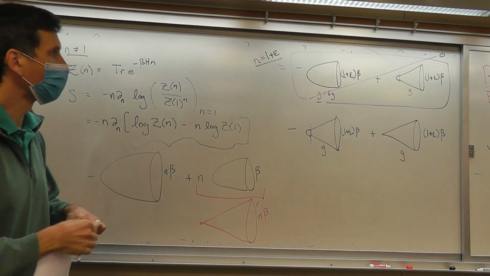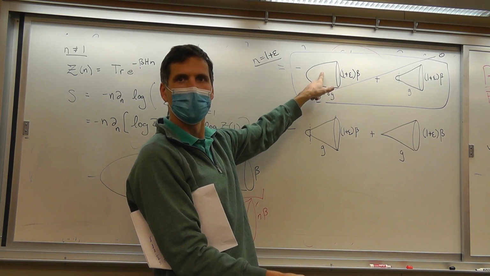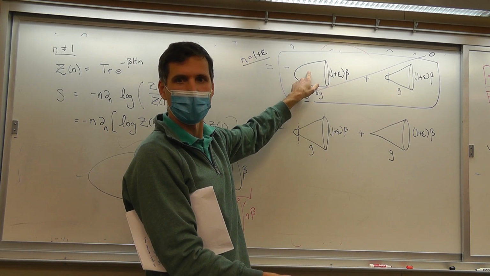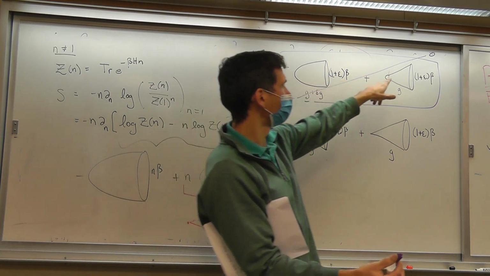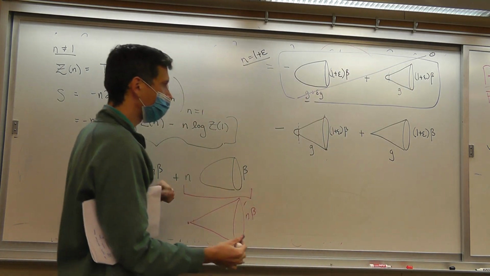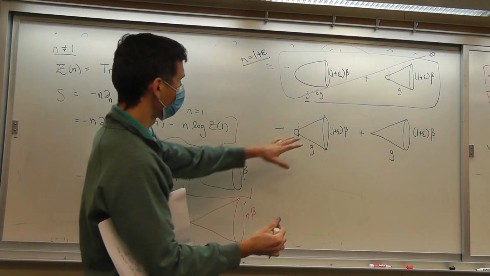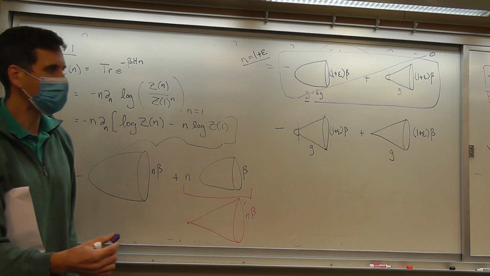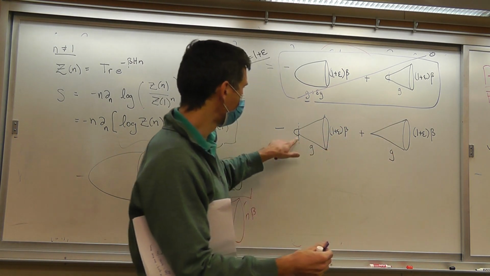The reason for that is that this one was a solution of the equations of motion, and the action is stationary at a solution of the equation of motion, including for off-shell variations, of course. Okay, so this does nothing to the action. So these two terms cancel, and that means that we're now doing just this calculation, and you can see that any contribution to the action in this calculation is now localized at the tip.